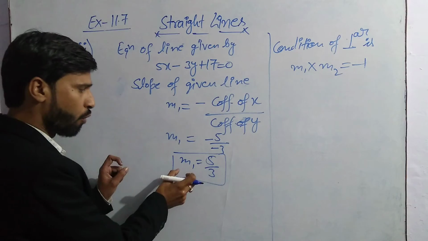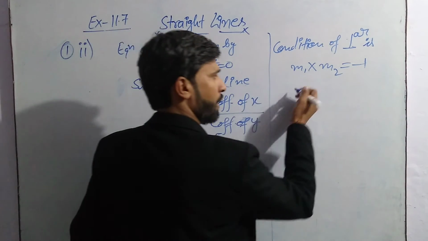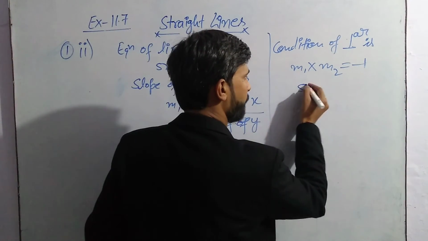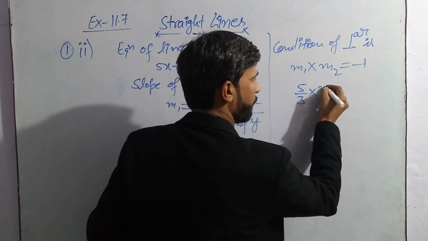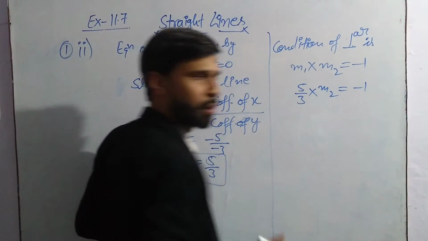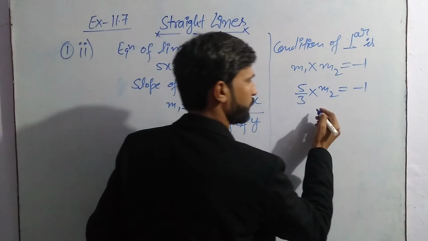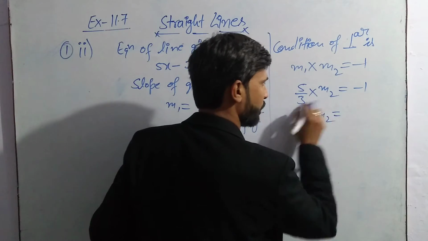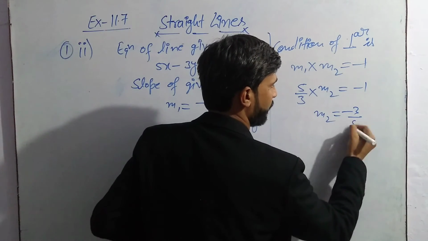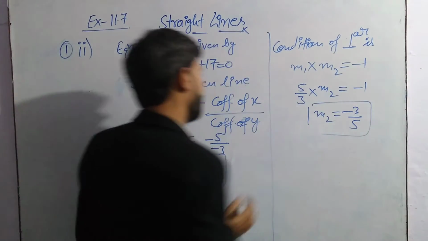Substituting the value of m1, we get 5 by 3 multiplied by m2 is equal to minus 1. After solving, we get m2 is equal to minus 3 upon 5.